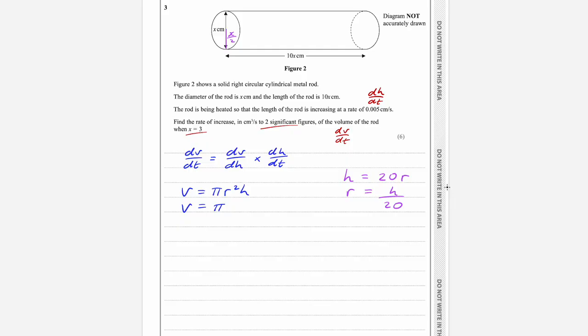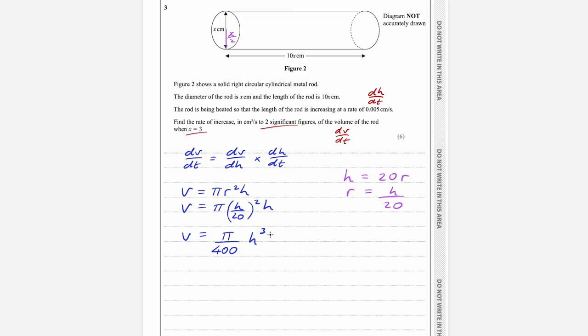So my volume is equal to pi times (h over 20) squared times h. So V is then equal to pi over 400 times h cubed.